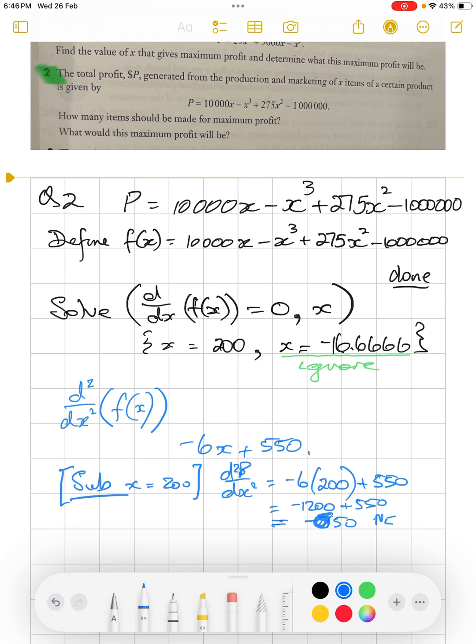Since the second derivative is negative, it's a maximum at x equals 200.